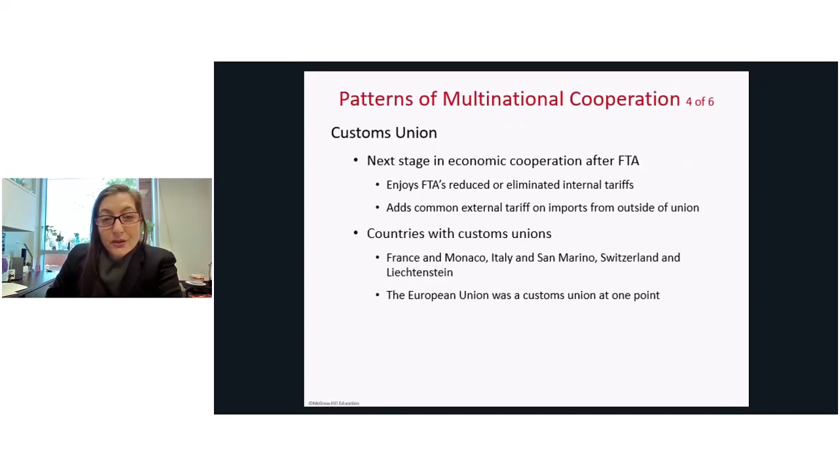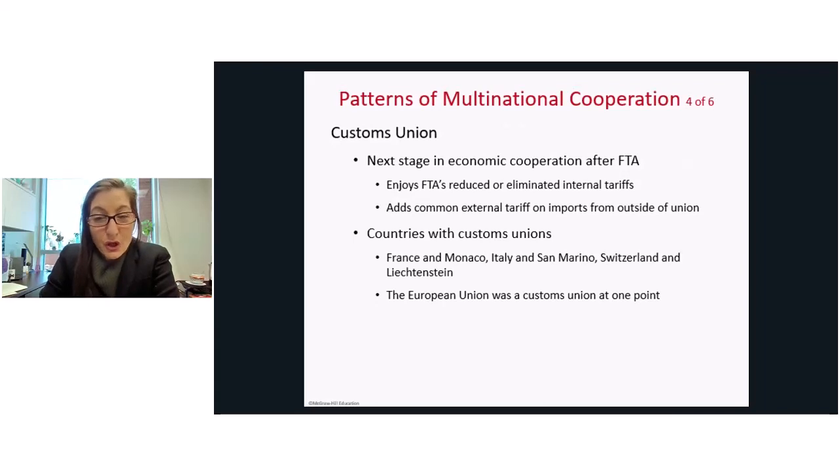Now, progression of multinational cooperation moves from a free trade area agreement to a customs union. So, while a free trade area agreement is about reducing or eliminating internal tariffs, the customs union adds a common external tariff on imports from outside of the union.